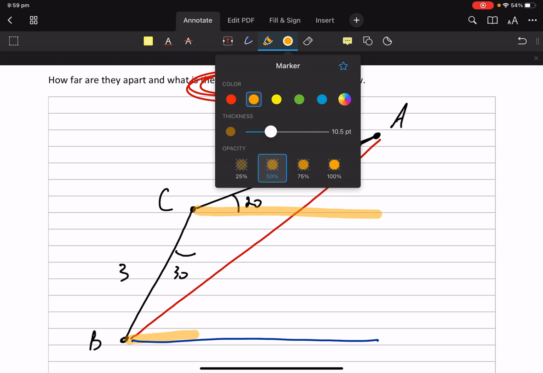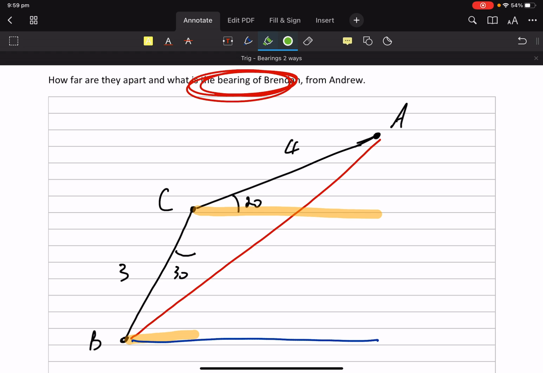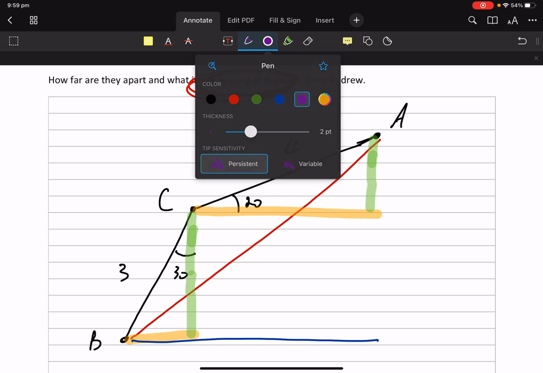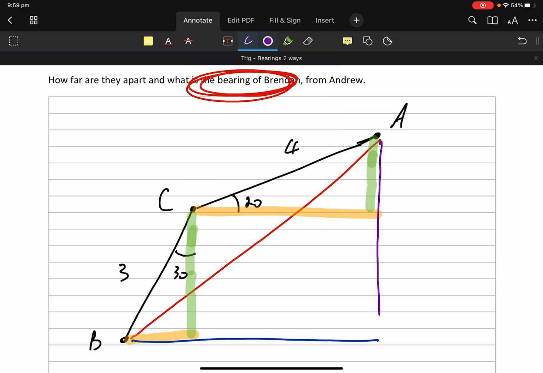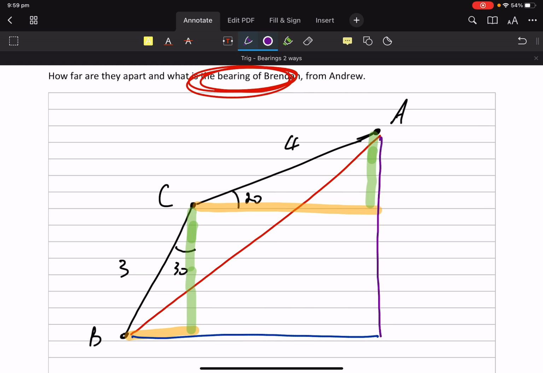We'll also find the north-south component of leg A and leg B. So we add the 2 greens together to get the purple line and the 2 orange lines together to get the blue, and everything else then goes away.